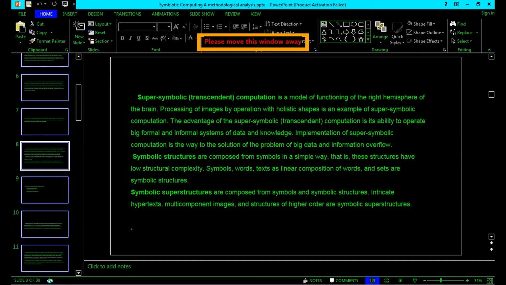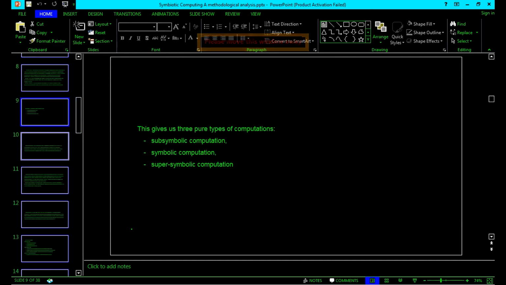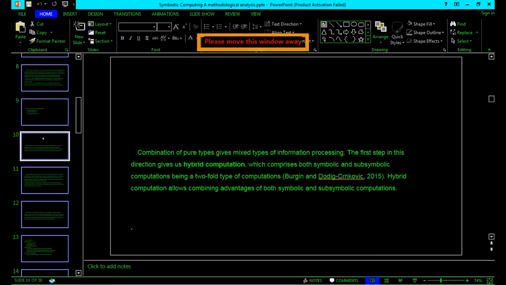Intricate hypertext, multi-component images, and structures of higher order are symbolic superstructures. This gives us three pure types of computation: sub-symbolic computation, symbolic computation, and supersymbolic computation, which was not studied before.